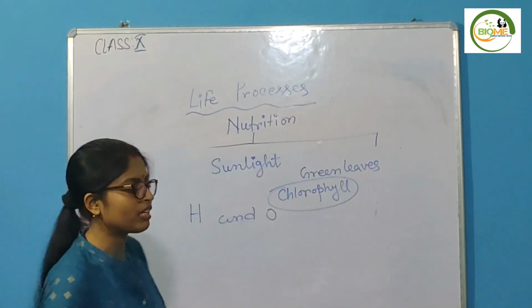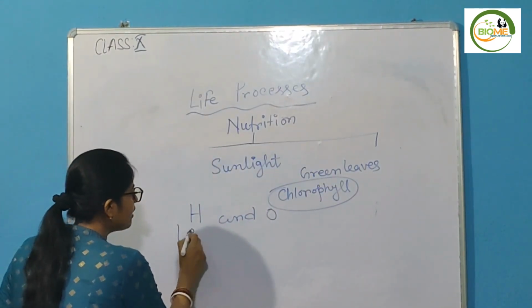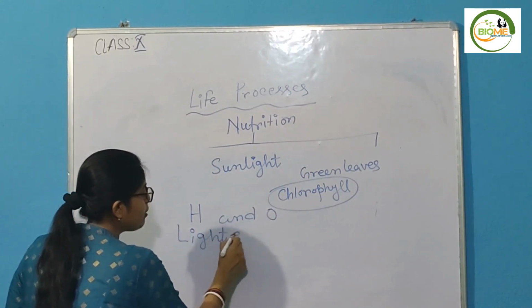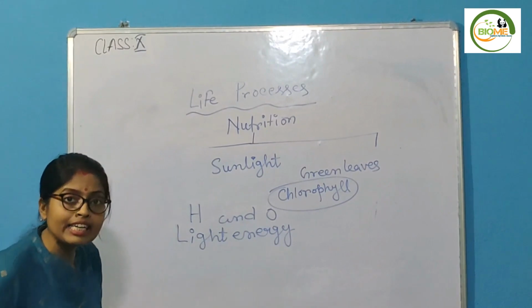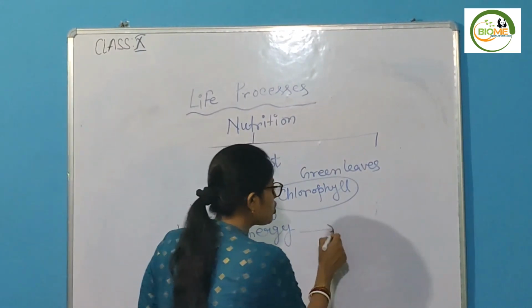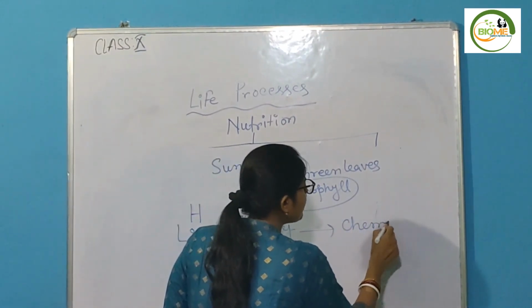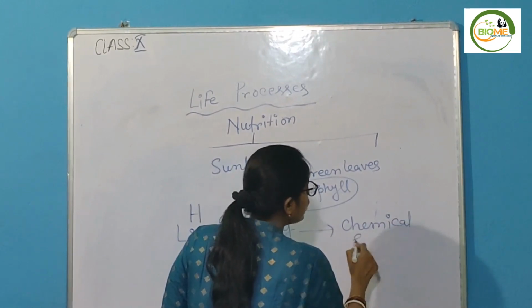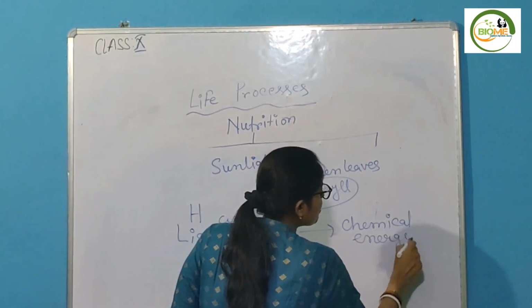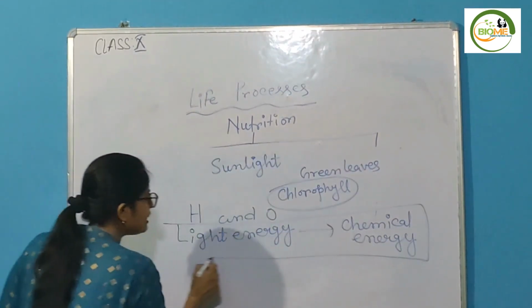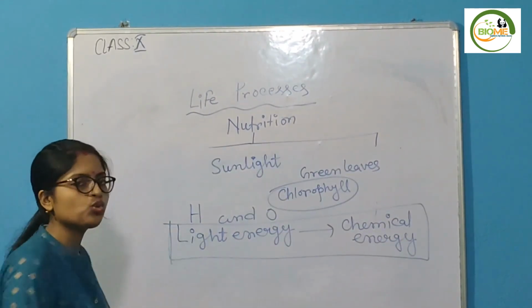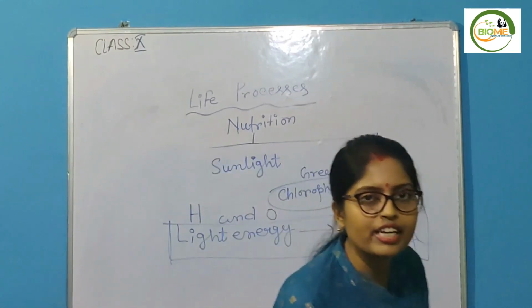And the most important thing here is that from the sunlight we get light energy, and the light energy is converted into chemical energy. So in photosynthesis, the main thing is that light energy is converted into chemical energy.